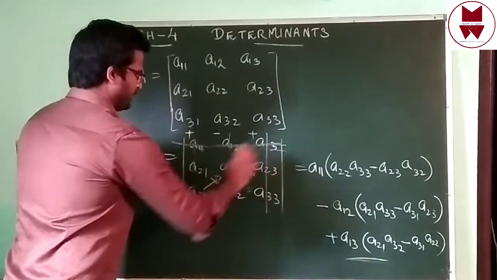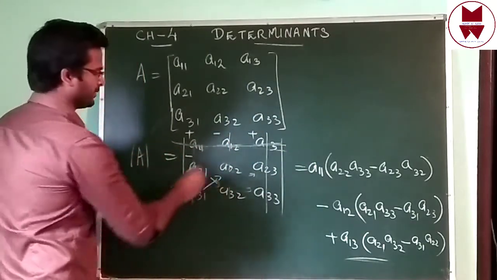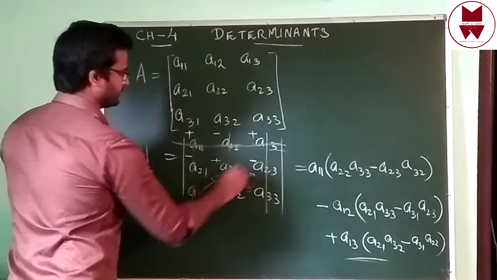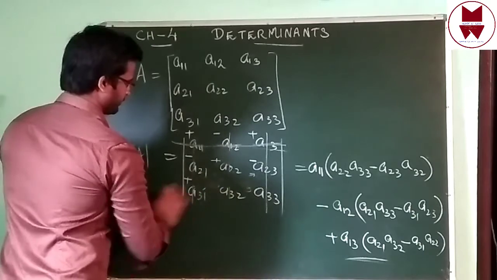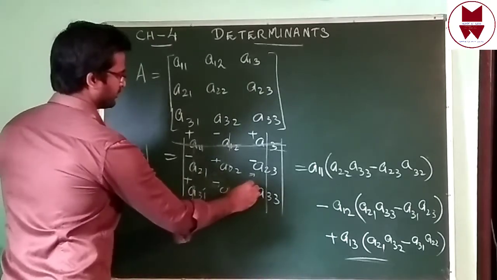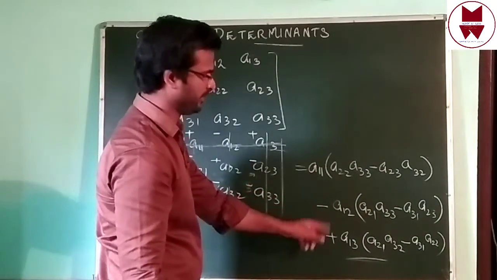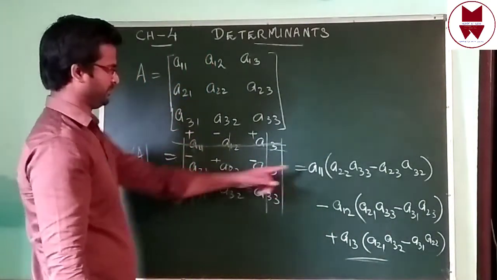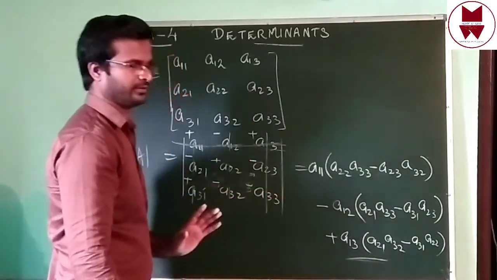If you consider the second row, plus finishes, again start minus, plus, minus. Then this will be minus, this will be plus, like that. That is the sign in between. Starting from plus, this plus, then minus, then final plus, like that.